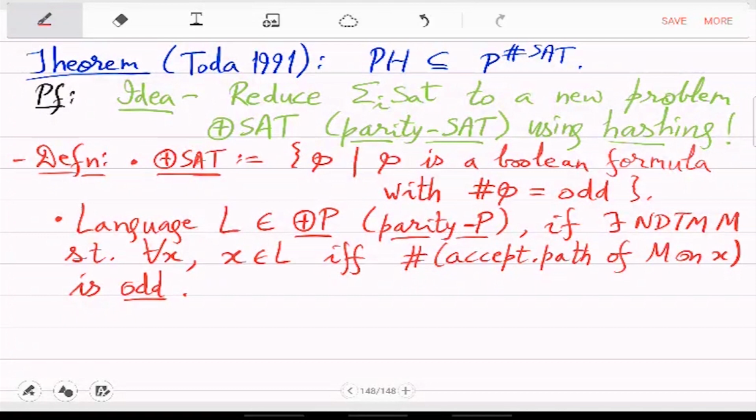So clearly parity SAT is parity P complete. That is immediate.